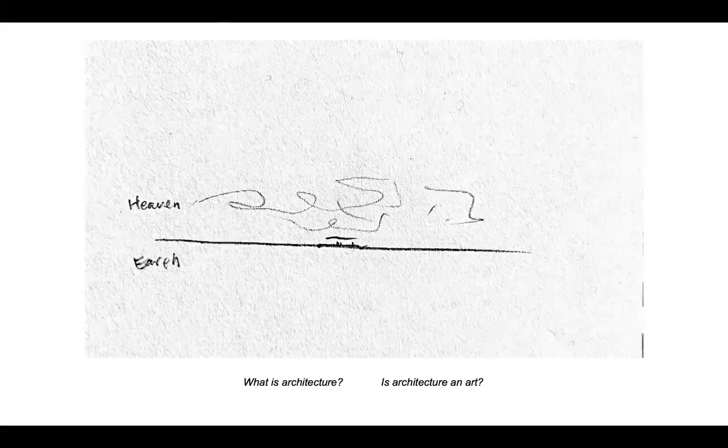But what is architecture? Architecture is art, and this is my sketch. I just try to go to the origin of architecture. For example, between the heaven and the earth, architecture sits there. The roof deals with the sky, right? It protects from rain and sun.